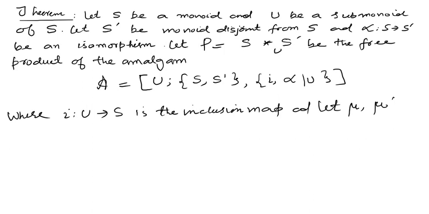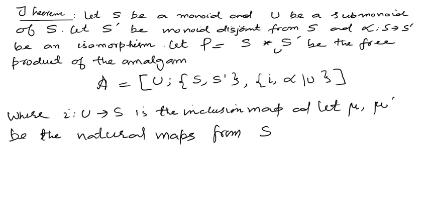Mu and mu prime be the natural maps from S and S prime respectively into P, the free product of this amalgam, which is also the pushout of that diagram.